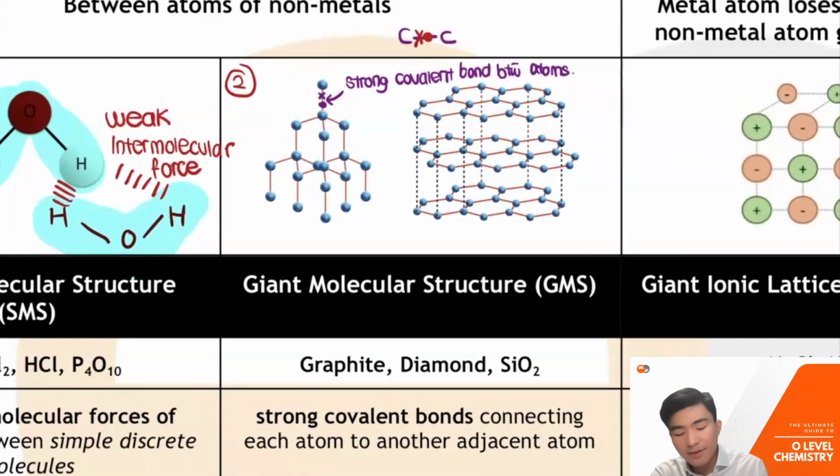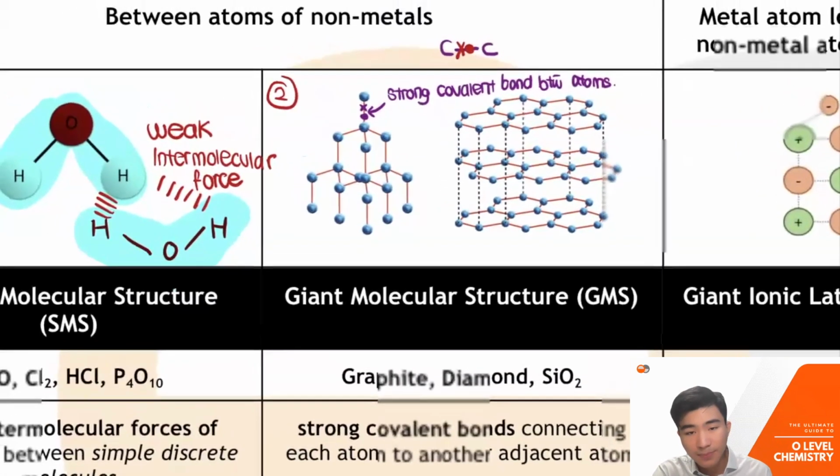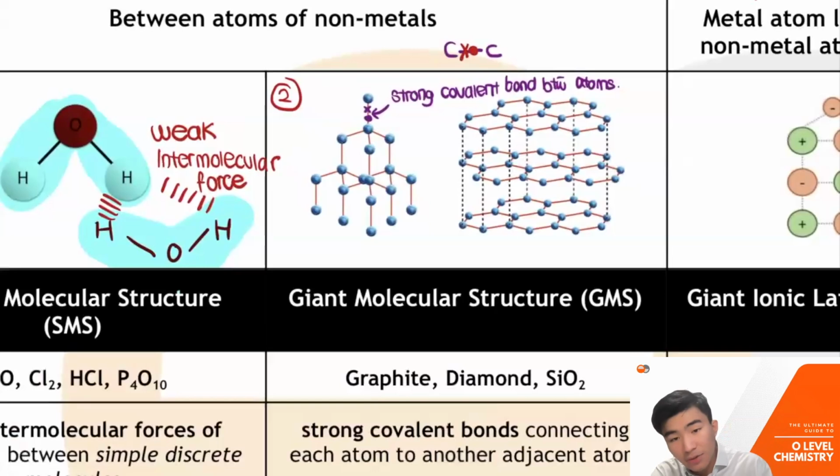Now, examples of this: graphite, diamond, and SiO2, silicon dioxide, which is sand. Commonly known, you need to know these three. Now, graphite has this unique structure. This is known as the hexagonal structure, whereby there are layers of hexagonal rings, and between each layer there is a weak intermolecular force. But within the layer, this is a strong covalent bond.